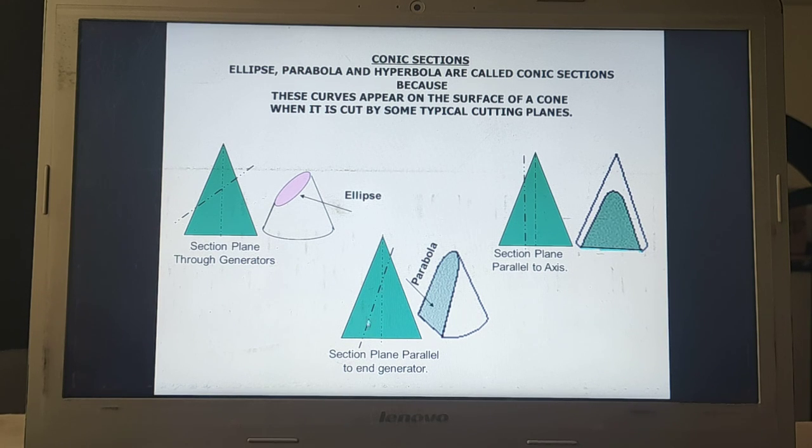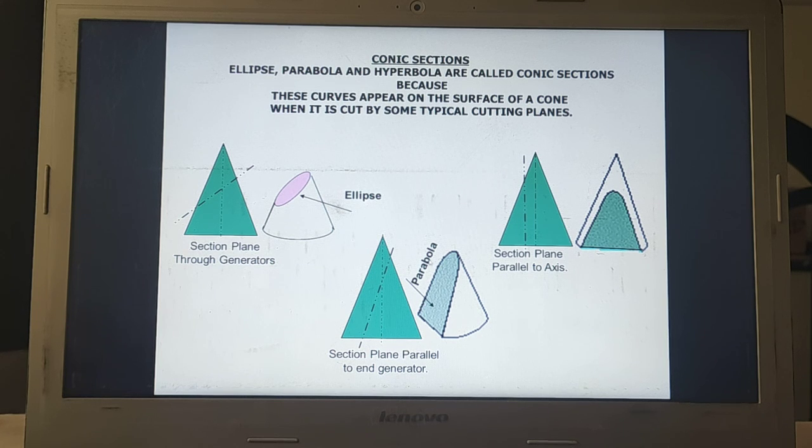Then if this particular cutting plane is parallel to one of the generators, as you can see over here, this cutting plane is parallel to this generator, then whatever cutting section we observe is nothing but the parabola.